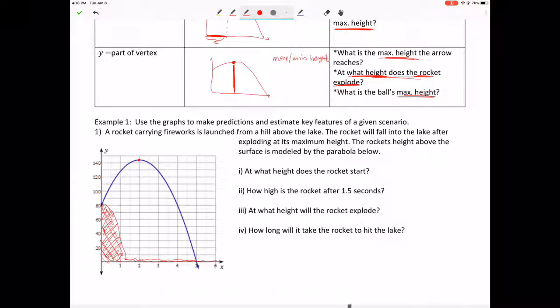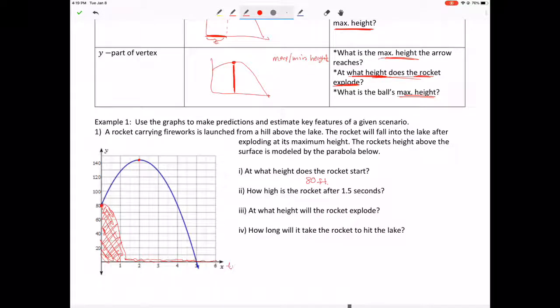All right, so question 1. At what height does the rocket start? All right, so our height where it starts will be right here. It'll be 80. Okay, 80 feet. All right, how high is the rocket after 1.5 seconds? So our x-axis is time.